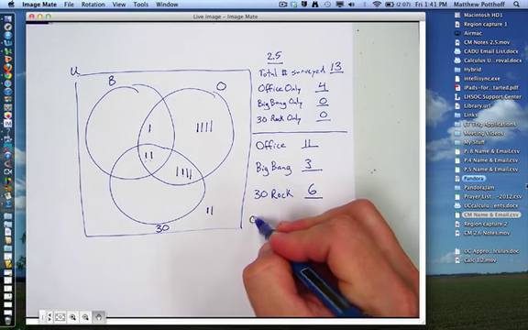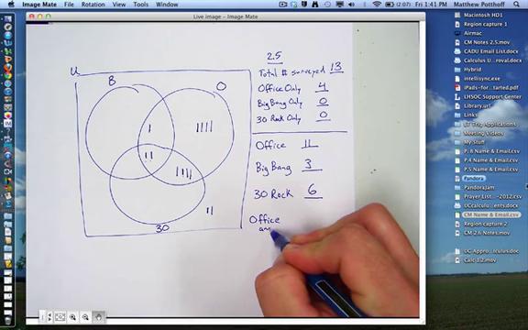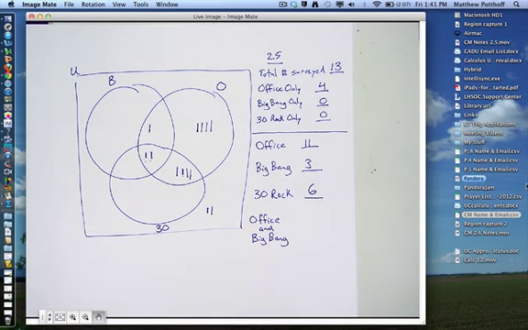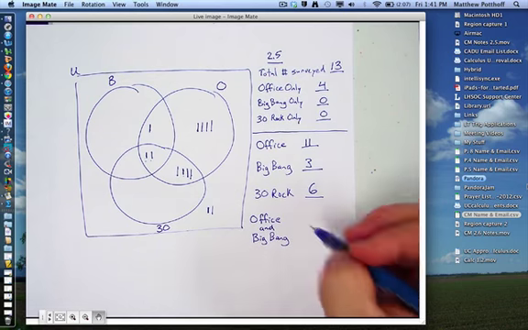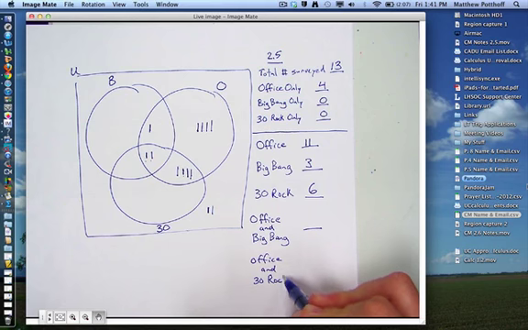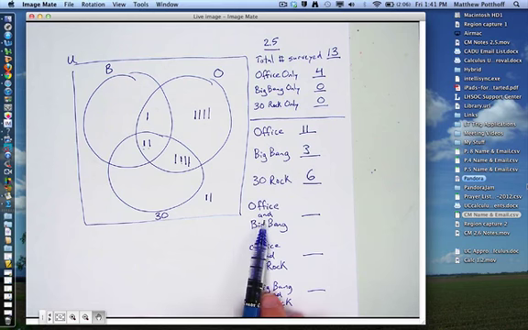Next, we're going to look at some of the intersections. So Office and Big Bang. And then Office and 30 Rock. And then Big Bang and 30 Rock. Okay, so you recall that and meant the intersection.